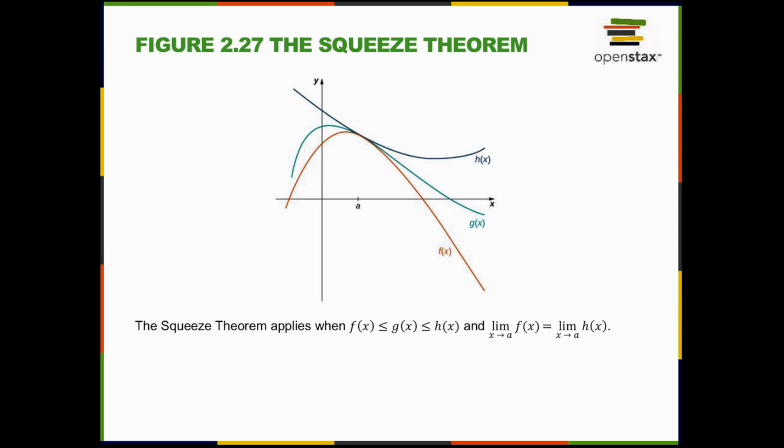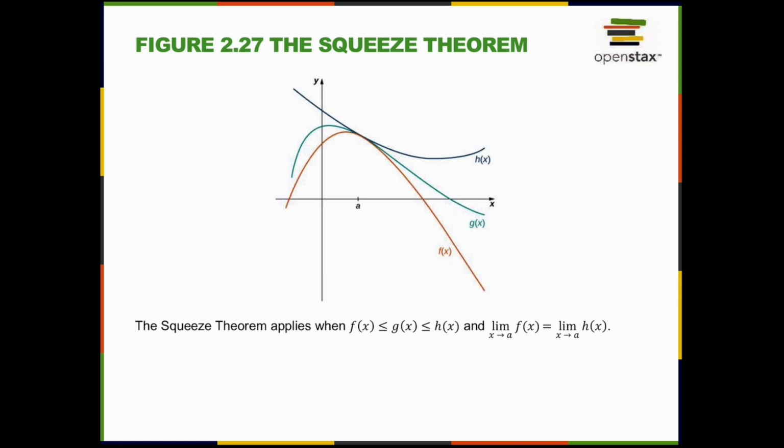That's g of x. So if we want to find the limit of g of x, we know the limit of h of x and f of x. H of x is that dark blue above the g of x. It's the top function. F of x is in the orange, that is below g of x. And so g of x is sandwiched or squeezed between h of x and f of x.